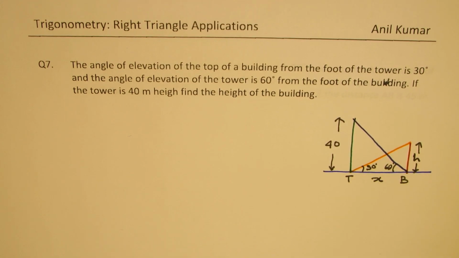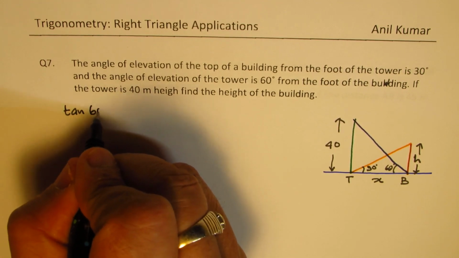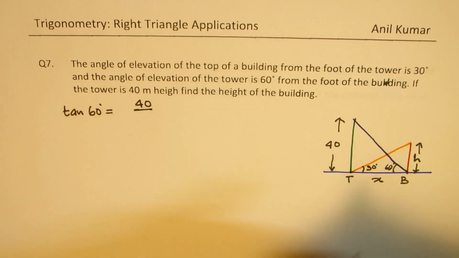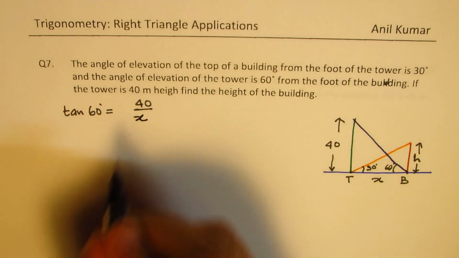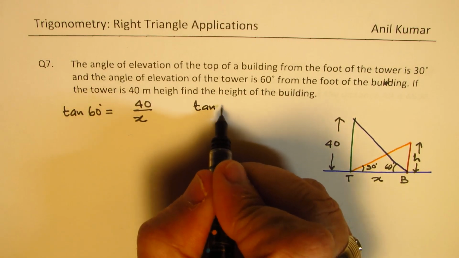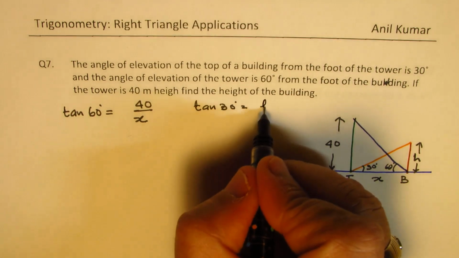Now again, we can use the tan ratio, right? So we get tan of 60 degrees is 40 over x, right? On the other hand, we have tan of 30 degrees is h over x.